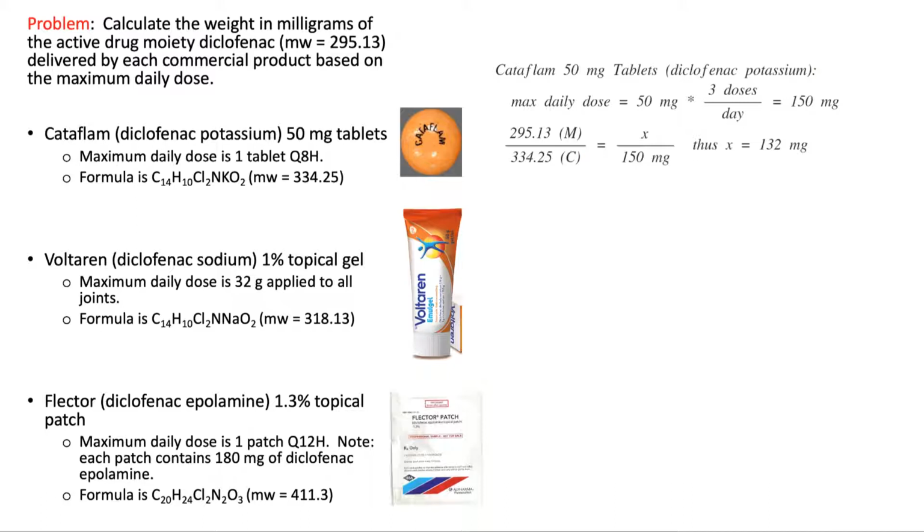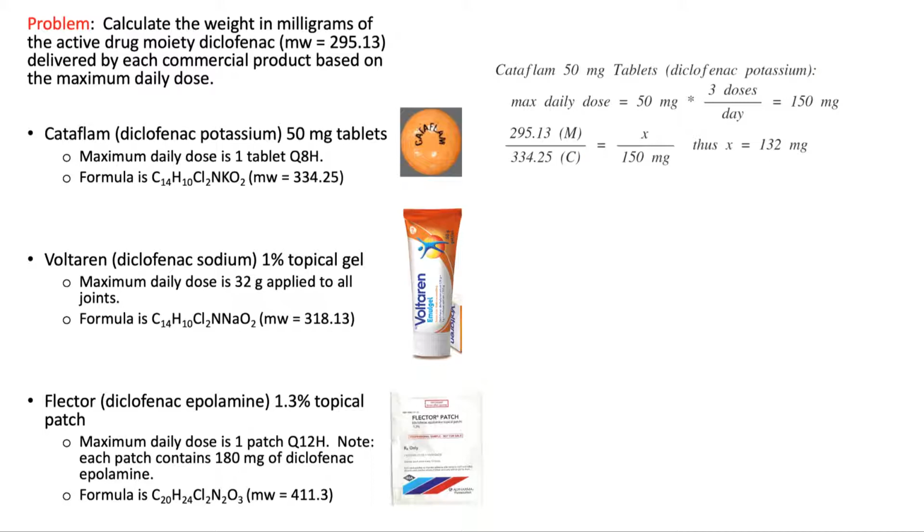Then we can set that equal to some value x, which is the weight of the moiety contained in 150 milligrams of the compound. And the 150 milligrams is what we calculated to be the maximum daily dose of the compound. So solving for x, we can see that the 150 milligrams of the compound provides only 132 milligrams per day of the diclofenac moiety. All right, so that's easy.